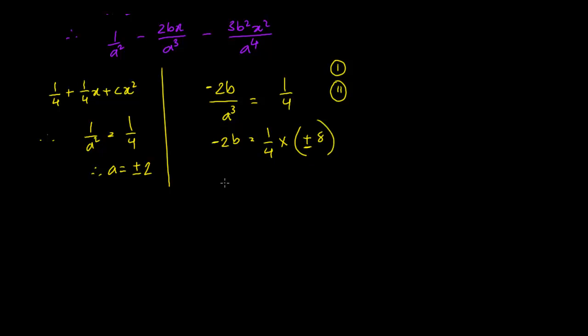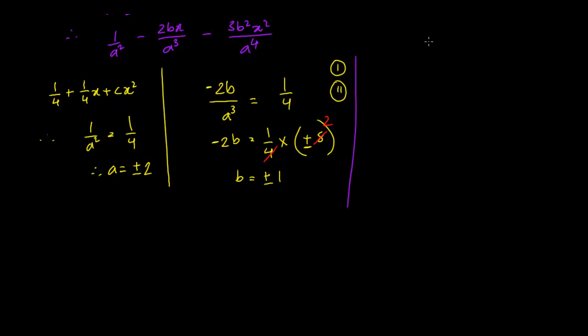If we cancel everything out, b would be plus or minus 1, because 4 and 8 cancel. What you get left with is 2, plus or minus 2. If minus 2 is divided by 2, you get plus 1. If plus 2 is divided by minus 2, you get minus 1. So those are your two answers.